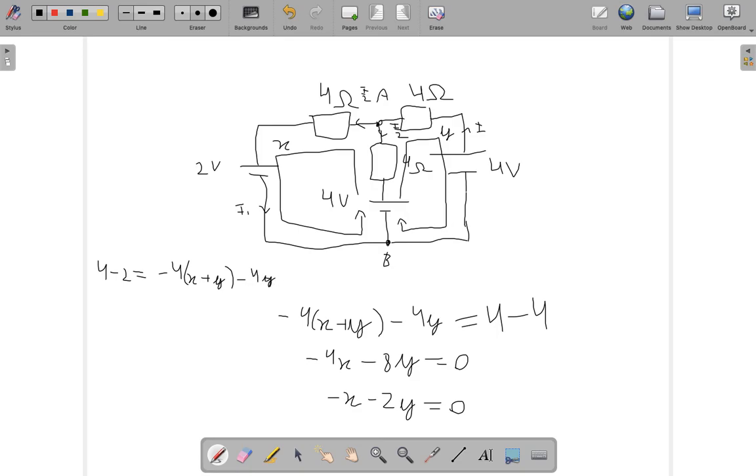No, you have 4x this time, which gives 2 equals minus 8x minus 4y. If we divide both sides by 2, we get 1 equals minus 4x minus 2y.